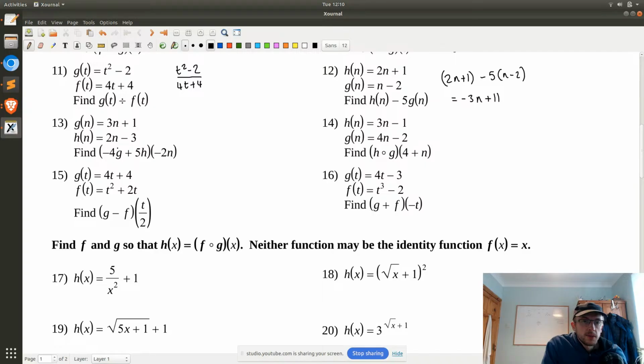Now we have negative 4 lots of g. So I'll do that in my head. So that's that. Plus 5 lots of h. So that's 10n take 15. So first we just simplify that.